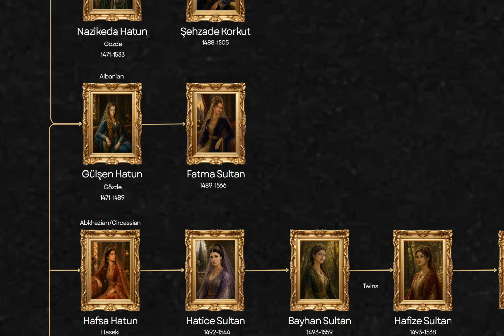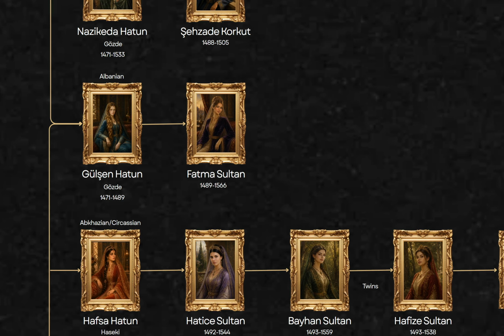But so she's the main character of my story, Hafsa, and it doesn't make sense when I looked at the timeline that Fatima was plausibly her daughter.